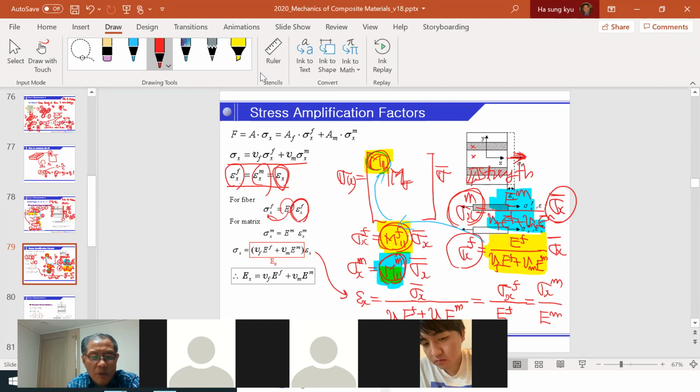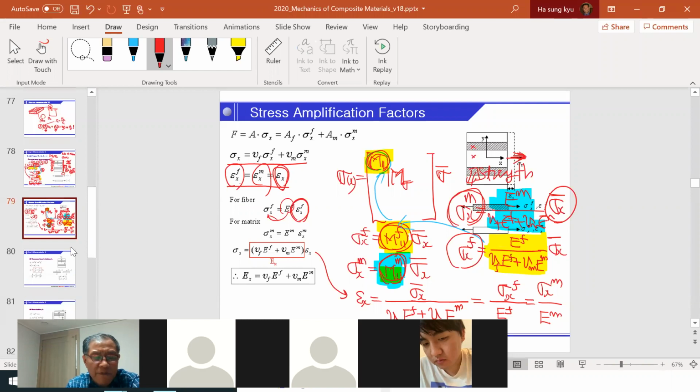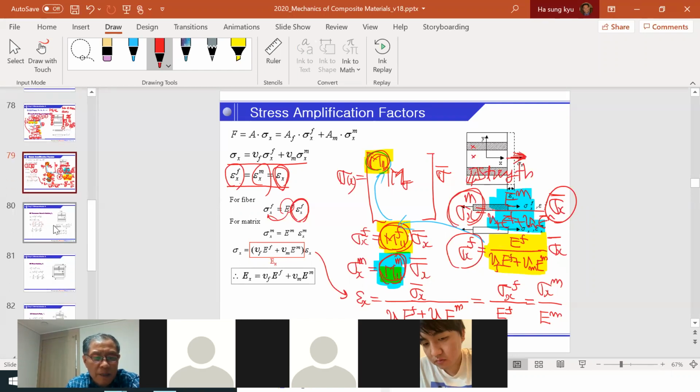Again, these are very important results. Even though we followed simple procedures, physically there is a meaning in there.